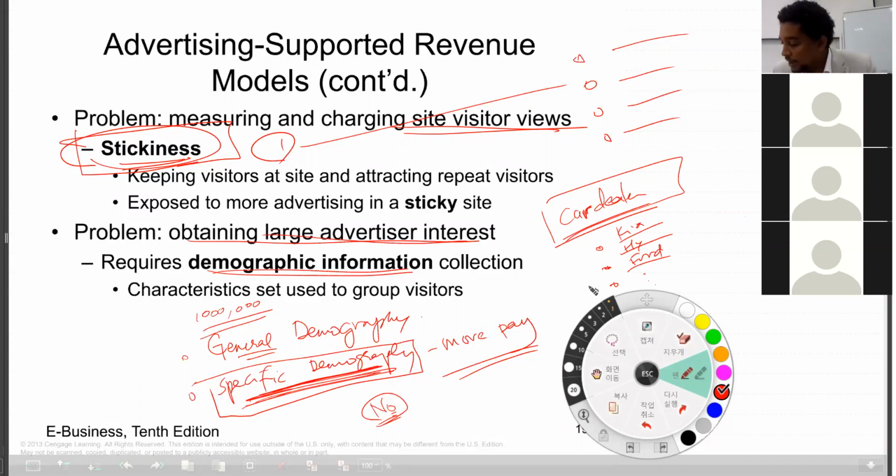So for the Ford company to pay or to subscribe for this advertising business, they do not know exactly what number of these customers are interested in their products, okay? So this car dealer might have hundreds of thousands of visitors, but these visitors are divided among different types of cars, okay? So it's very difficult to specifically identify which of these customers are interested in Ford cars only, right?